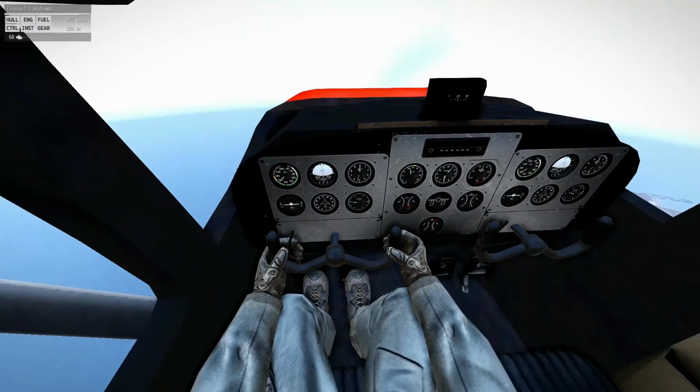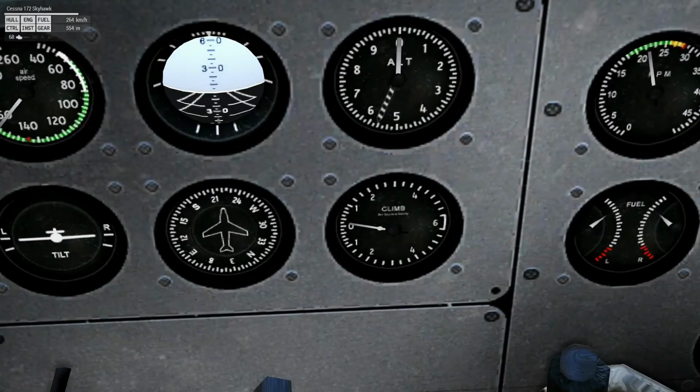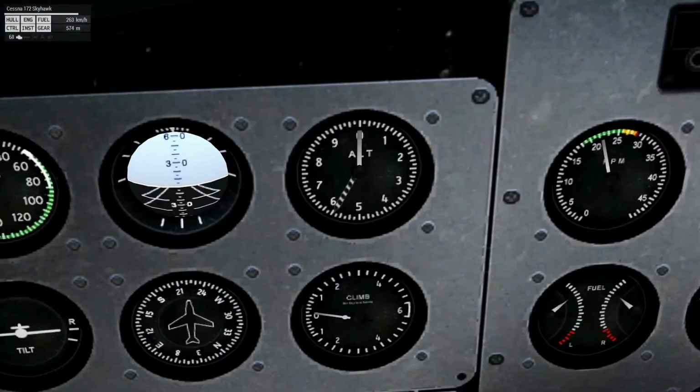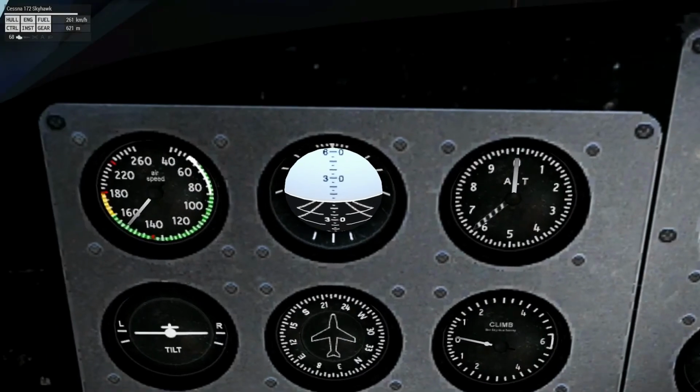So, we can definitely see that our variometer is pointing at 1, maybe 1.5 meters per second. So, we are definitely climbing. This is also evident in our actual altimeter. We lost a bit of altitude there on our turn, which is why we're back at 600. But we are steadily moving into 650, and soon we will achieve 700 if we don't stabilize.